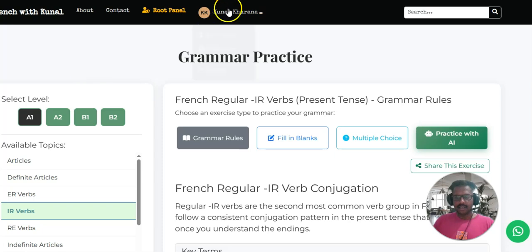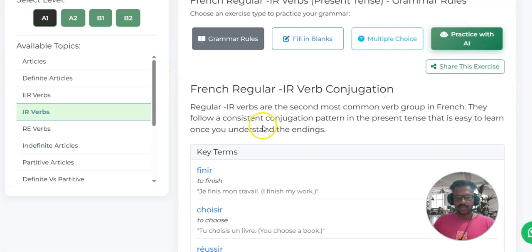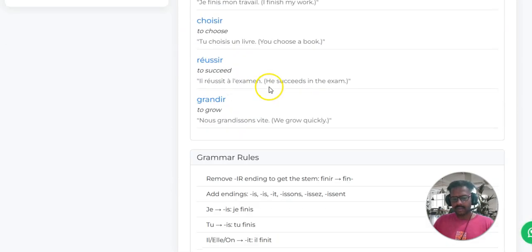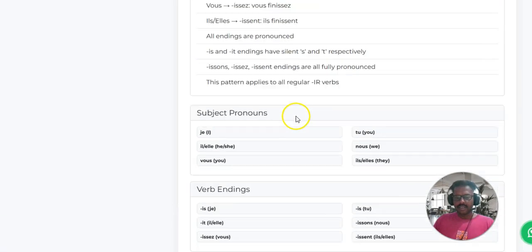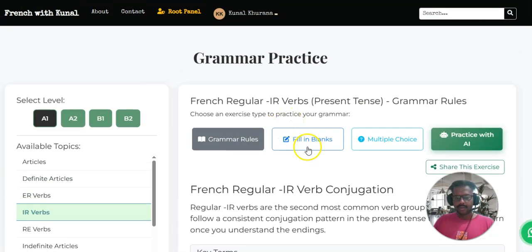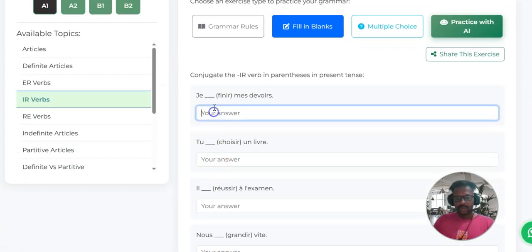So here you see you have an exercise in front of you, and in this exercise we have studied already all these things, and then we will just practice with the help of fill in the blanks. So je finis, first of all, je finis, F-I-N-I-S.